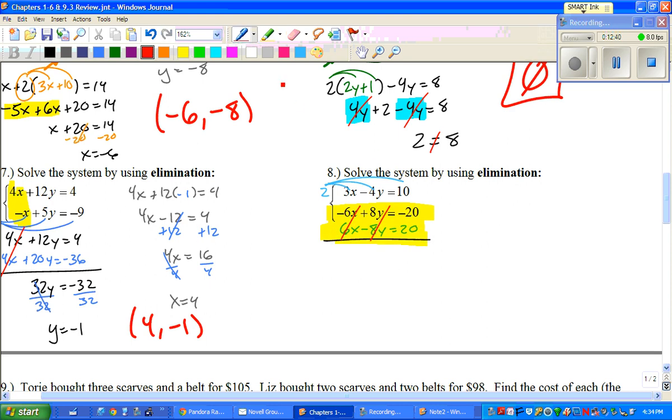My x's and the y's cancel, so I'm left with 0, but then my right side, that also cancels out and equals 0. So when something like that happens, it means that our answer is infinite solutions.